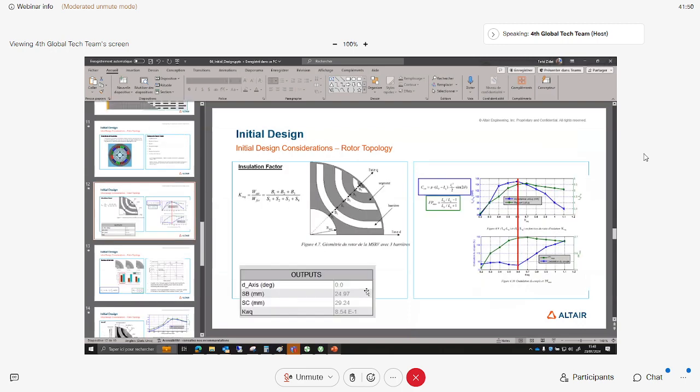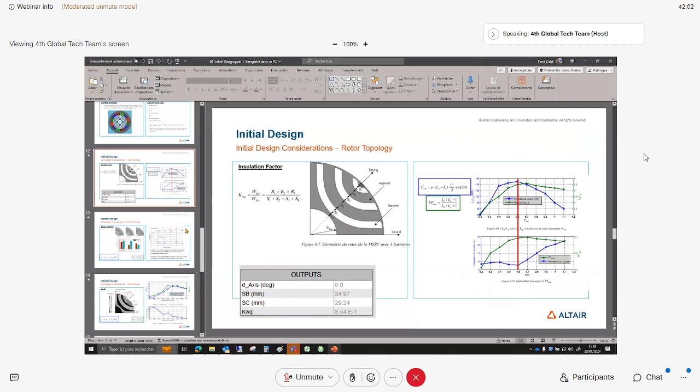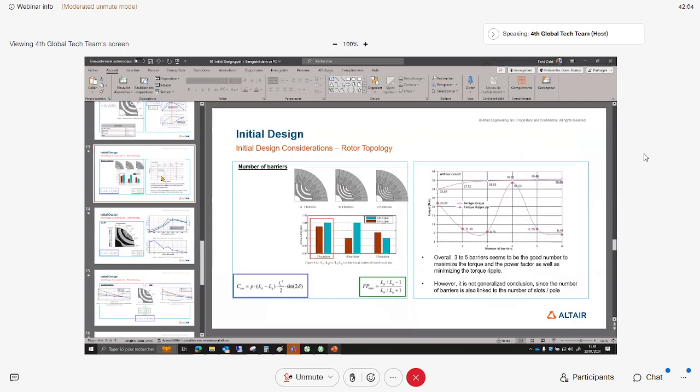Yeah, so to make a recap, in flux motor something we can easily take into account is the isolation factor. So we have to be careful on it from the beginning. And the number of layers is something we can test easily as well for the same shape. We can test 3, 4, or 5 layers.